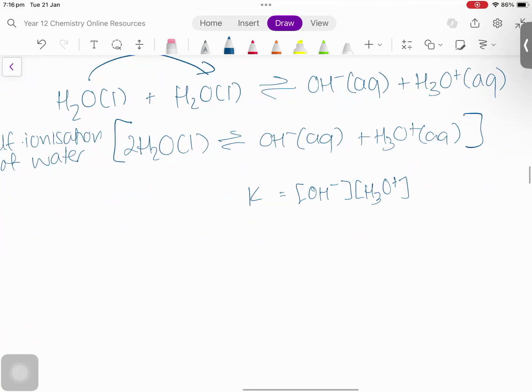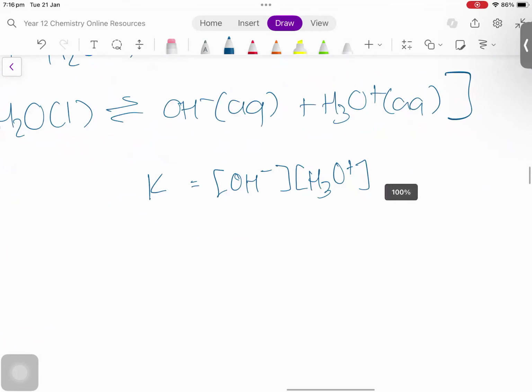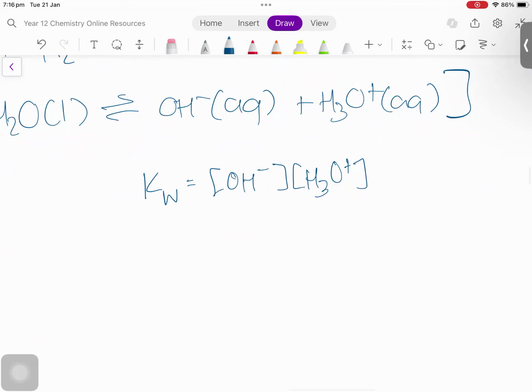And guys, because this is water, this happens to be a very special equation for water, so we can allocate the letter W to it. This is Kw, equal to the concentration of OH minus times H3O plus, at 25 degrees Celsius. Remember, equilibrium constants change according to temperature.